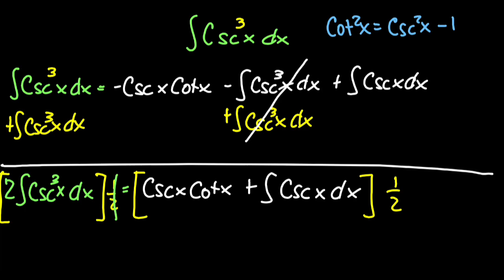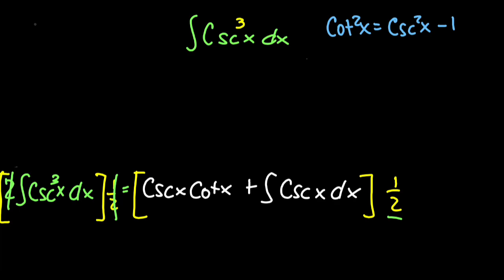One half here and 2 would cancel, and we can distribute 1/2 among these two later on. Our simplified term here would be now the integral of cosecant cube of x dx equal to, wait, this should be negative. I forgot to put the negative sign.